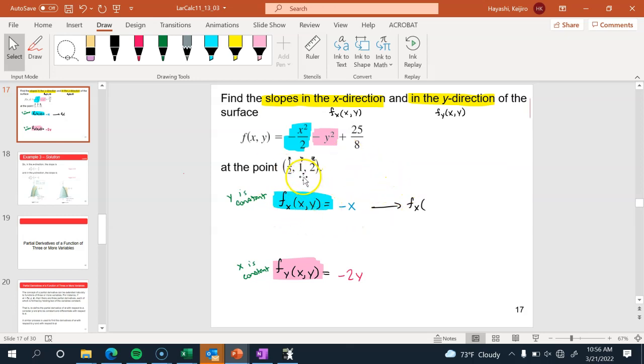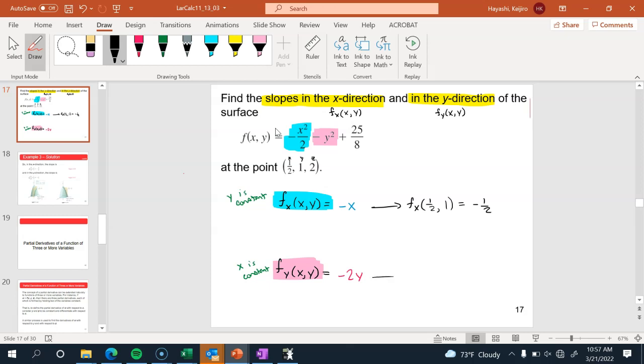Okay, so -1. What you're doing is plugging in 1/2 for x and 1 for y. Although y doesn't really factor into this one, you end up with -1/2.